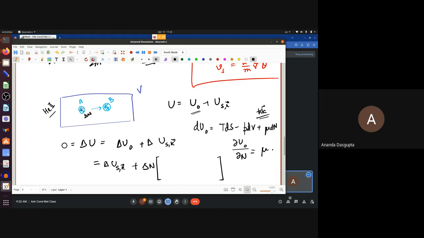A had these delta N particles, they have moved to B. So at the point B, there has been an increase in energy U0, which is given by del U0 del N at constant entropy and volume, because that's the condition we have at point B, right? But B has gained particles, A has lost them. And because A has lost particles, you should have this. Is this clear?